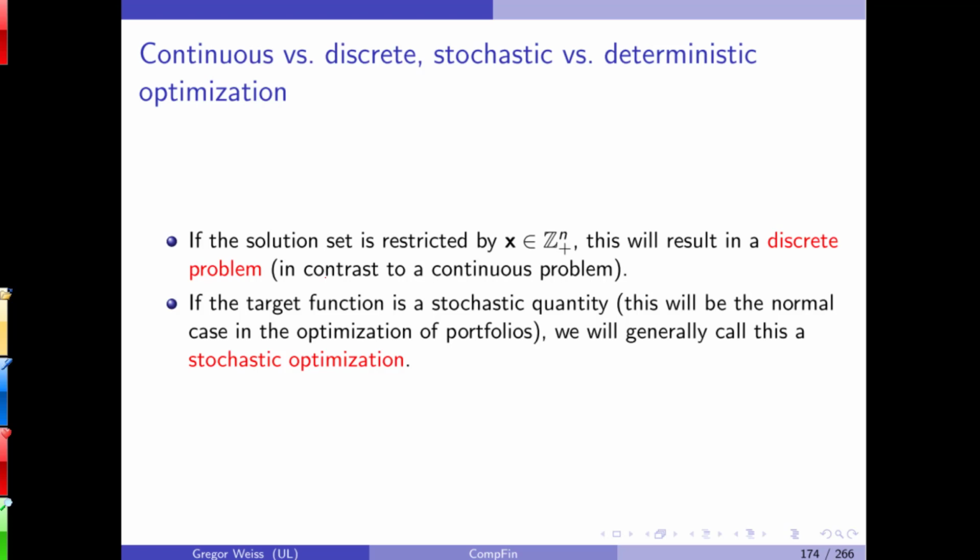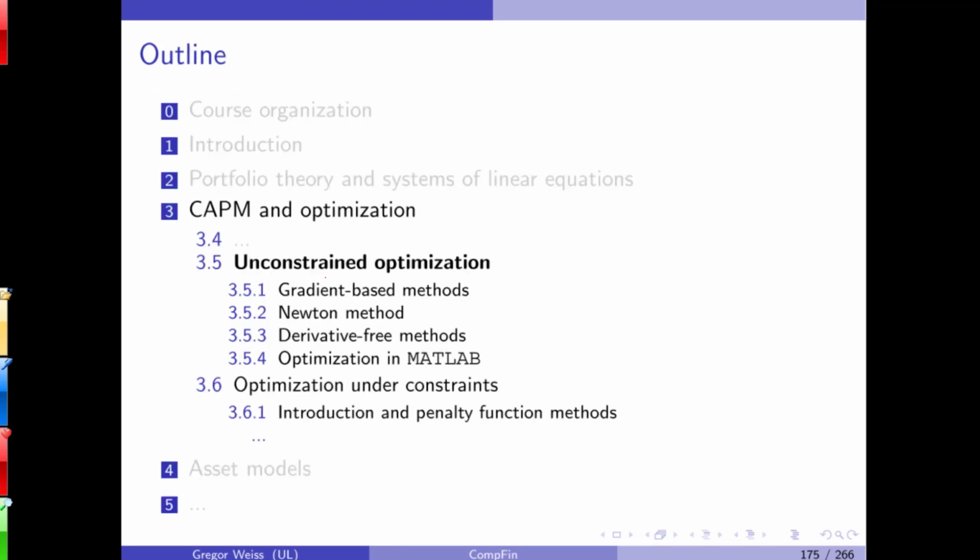You cannot buy 2.3 stocks, and you cannot produce 2.3 cars, but you can only produce 2 or 3 cars, and this makes optimization quite difficult. Okay. So these were some basic general remarks concerning optimization.